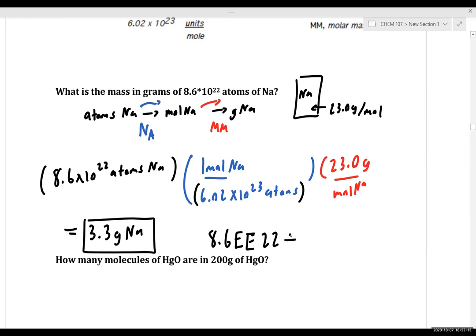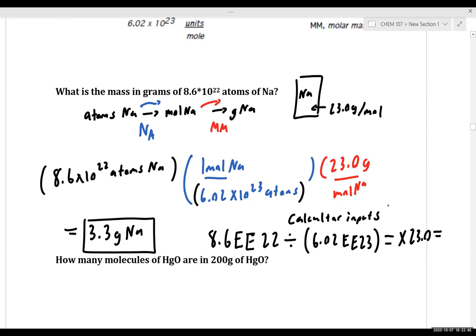Then you'd hit the division symbol, followed by parentheses, and then 6.02 EE23. And then once this first part is processed, you'd hit the equal symbol, and then you'd hit the multiplication symbol and enter 23.0, and then you'd hit the equal symbol once again. Okay, I got it.